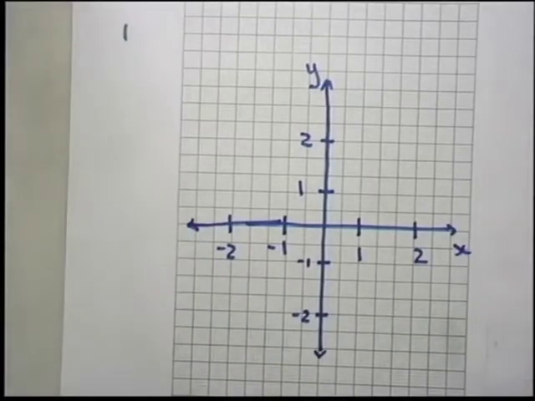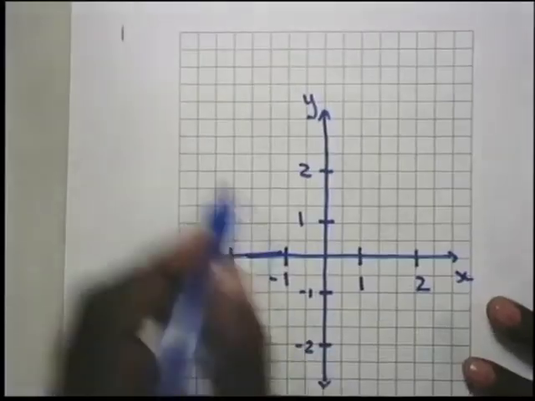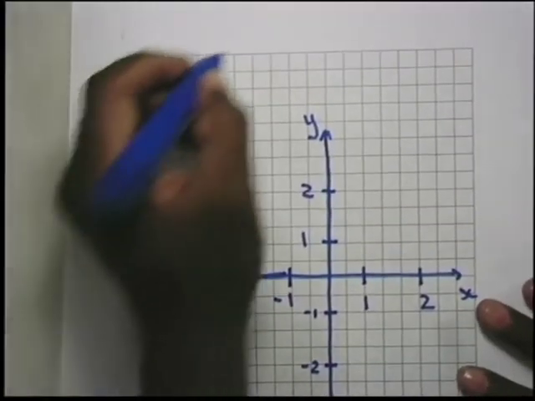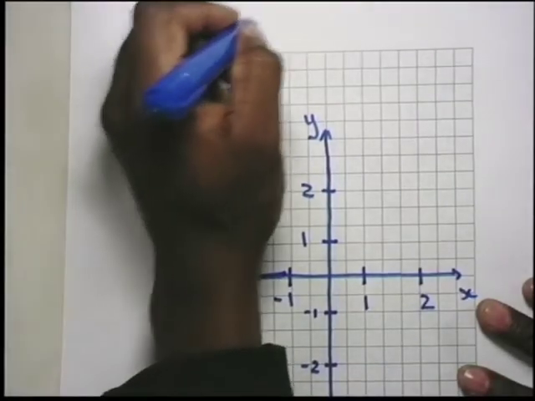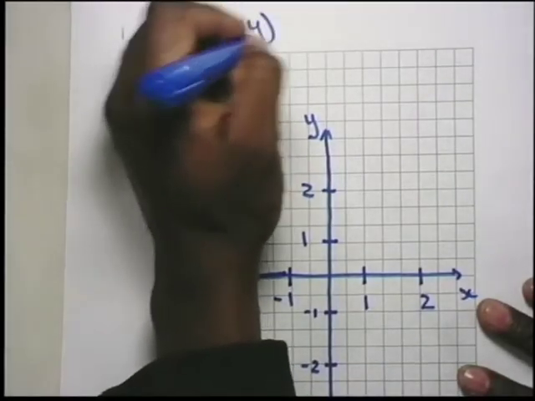Now, one basic expectation is for us to correctly plot given points. The points that we always plot are given as coordinates in the form of x and then y.